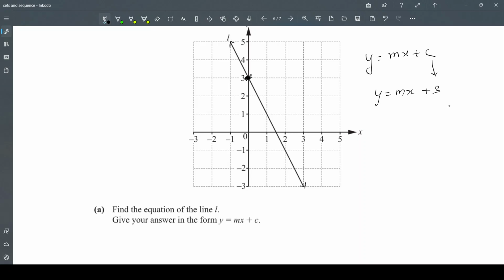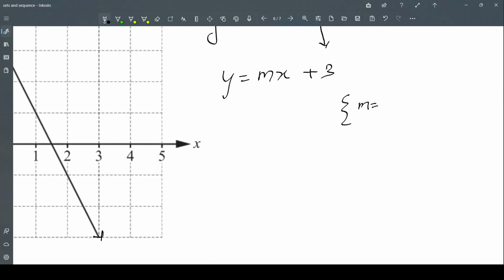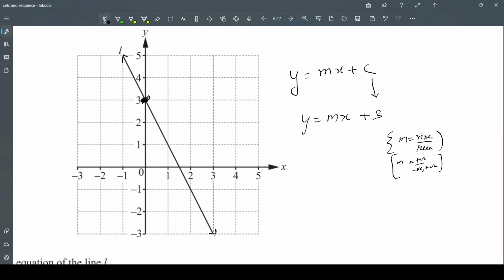Now what is our next task? Our task is to find m. So what is m? M is rise divided by run, right? As I told you, rise should always be positive and run can be positive and negative also, no issue in that. So let's find out what should be the actual rise and what should be the run.